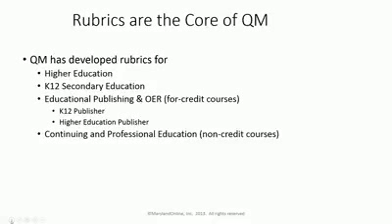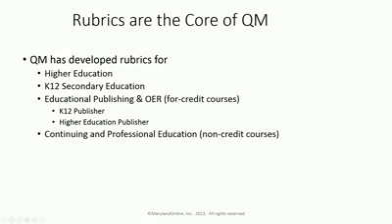And then lastly, and this is the focus of these best practices webinars, it's around our rubrics. They were initially developed at the higher ed level for college credit courses, and then subsequently we partnered with various organizations who were leaders in the different spaces.